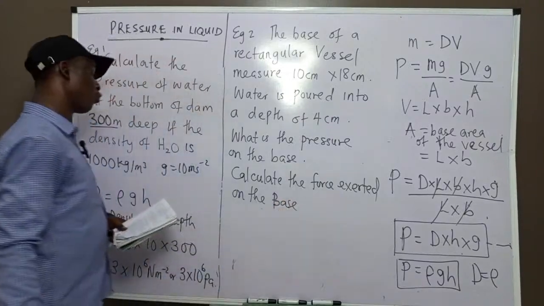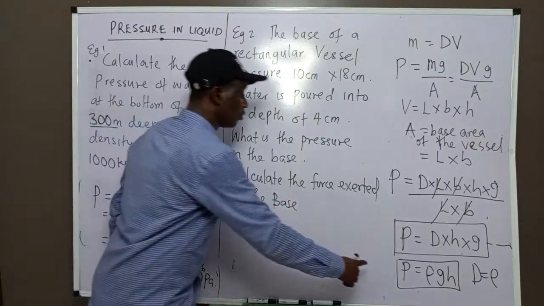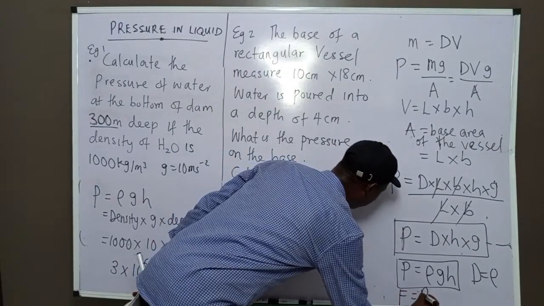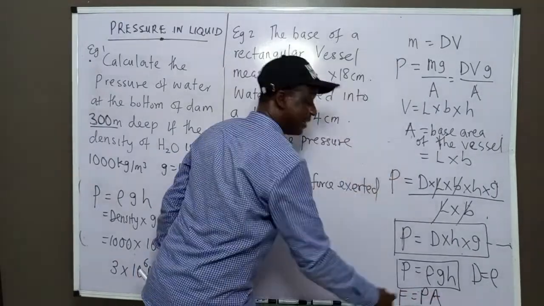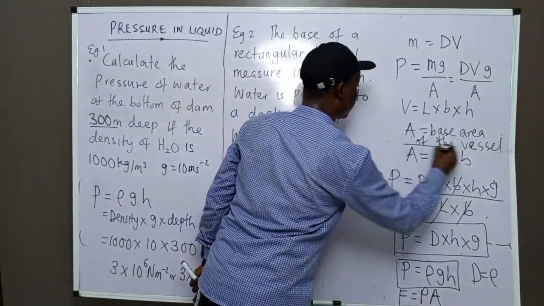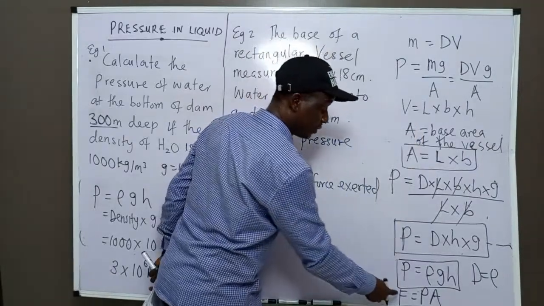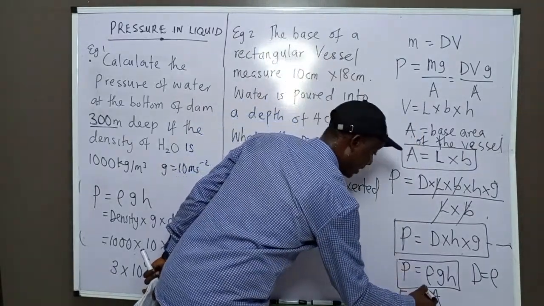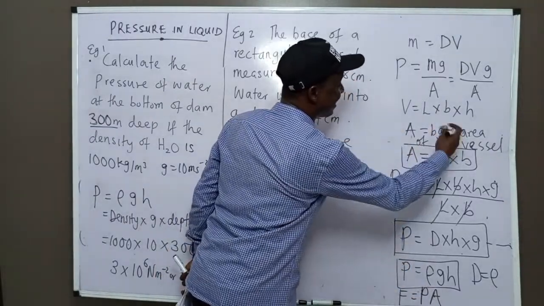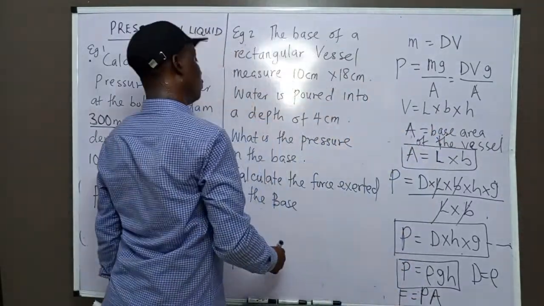Don't forget that once you get your pressure, you now get force. Force is equal to pressure times area, and the area we're talking about is the base area. So whenever you get your pressure, you can calculate your force by multiplying your pressure times the base area of the vessel. Don't forget that.